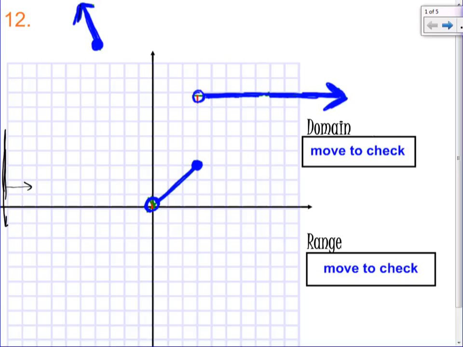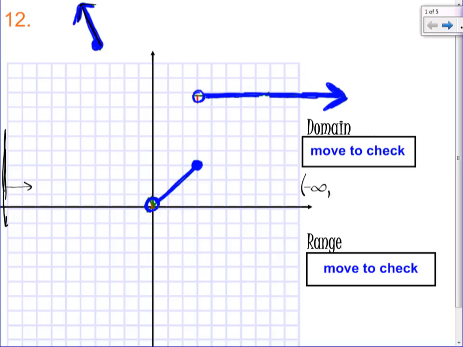Right here? If you would have that extend forever and ever, it would go forever to negative infinity, right? It's pointing off to the left a little bit. So that's going to be our first thing that we come to. We know it's going to go to negative infinity.